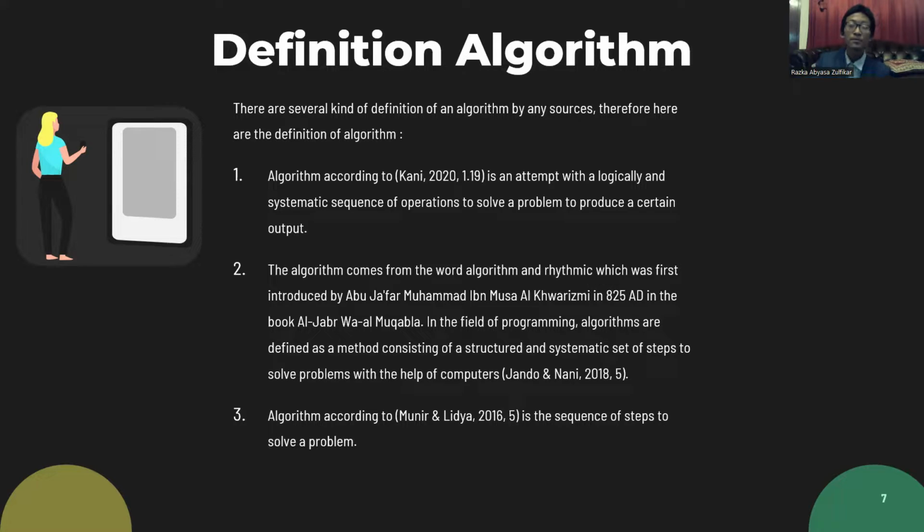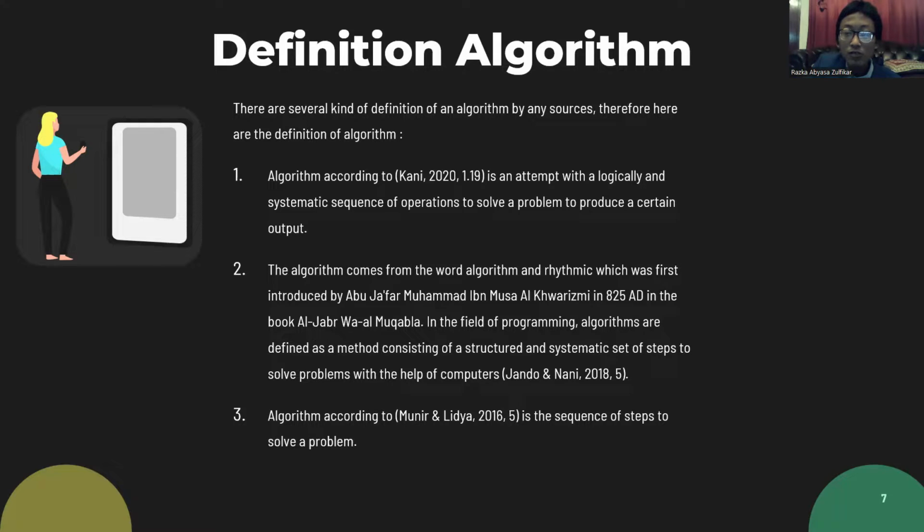Number 2, the word algorithm comes from the word algorithm and rhythmic, which was first introduced by Abu Ja'far Muhammad bin Musa al-Khawarizmi in 825 AD in the book Al-Jabr wa al-Muqabla.